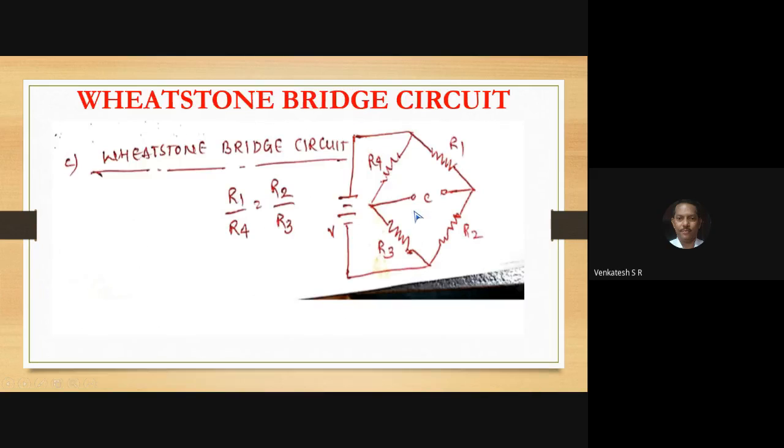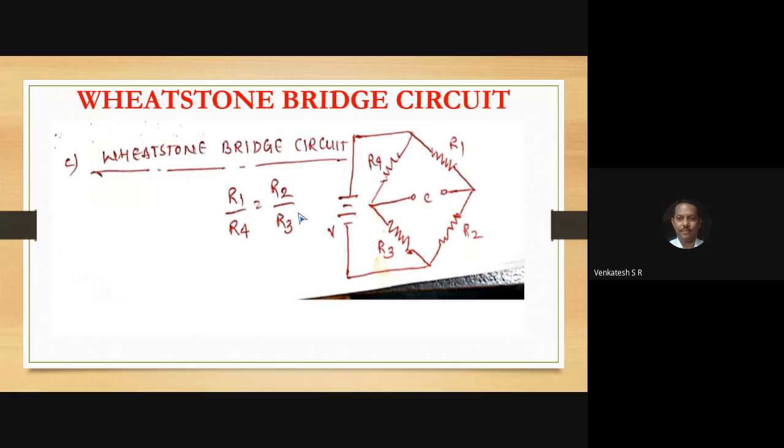Next, come to the point, the Wheatstone bridge. All of you studied the Wheatstone bridge in physics. The same circuit is used for measurement of axial strain, bending strain, and torsional strain. In this Wheatstone bridge, there are four resistances R1, R2, R3, and R4 connected like this. V is the input voltage and E is the output voltage after measuring. First, R1 by R4 equals R2 by R3.